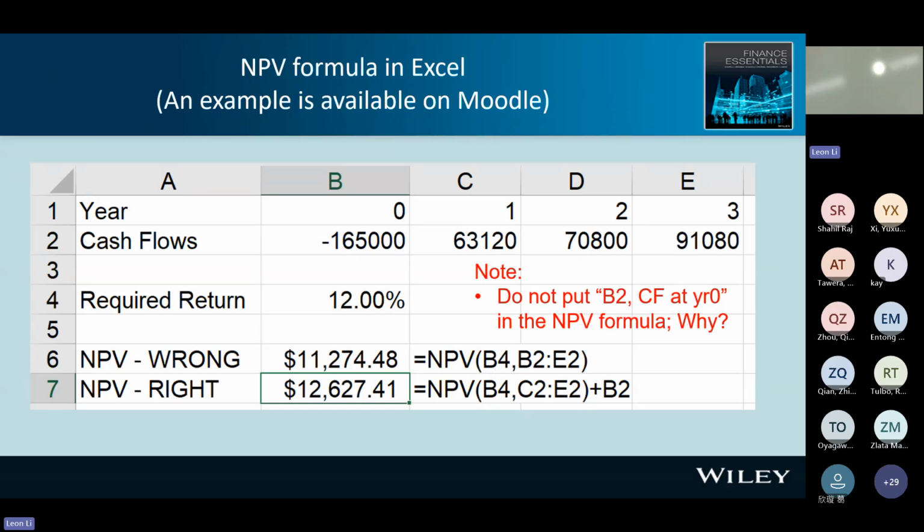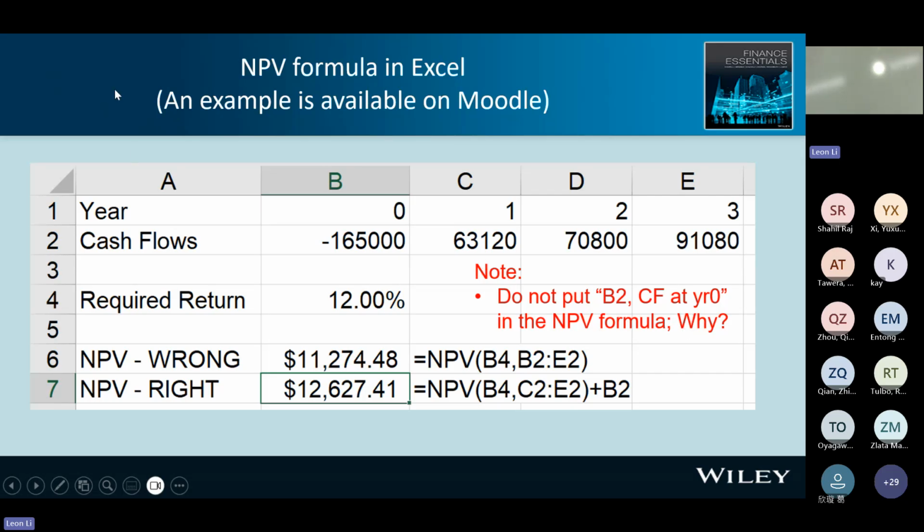Next, we enter the cash flow. This wrong answer uses B2 to E2. Please note, we don't put B2, the cash flow at year 0, in the NPV formula. The reason why?